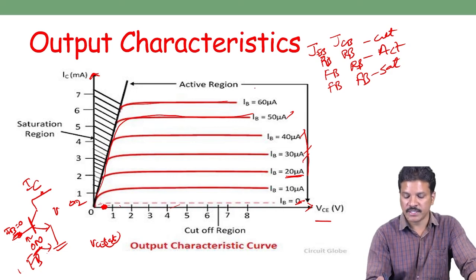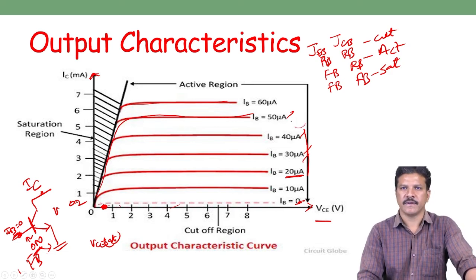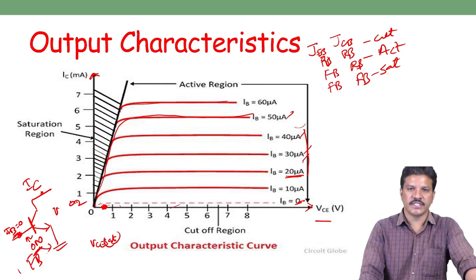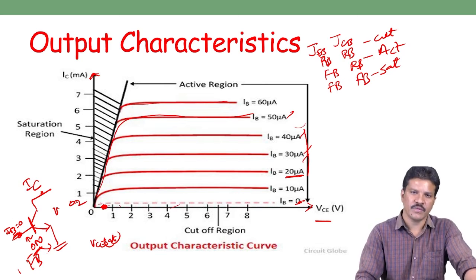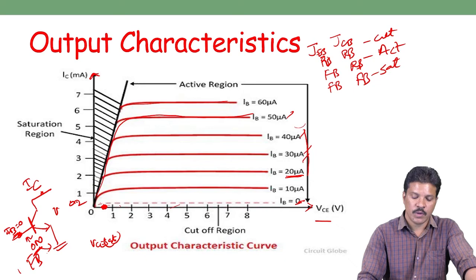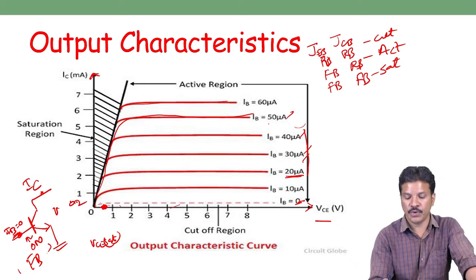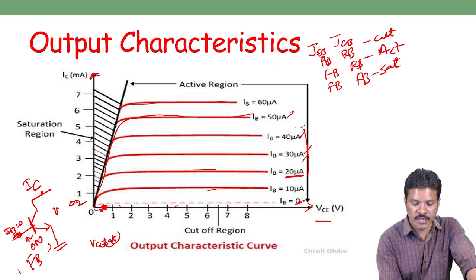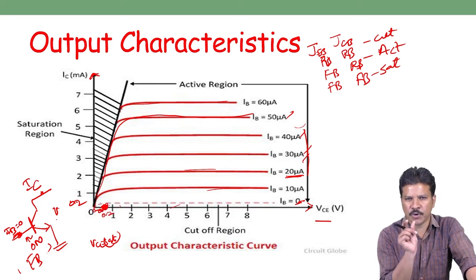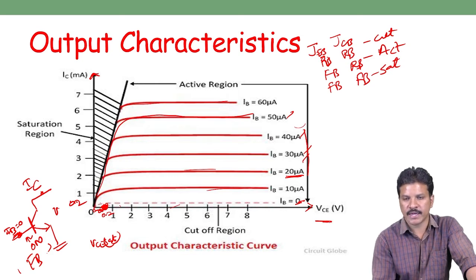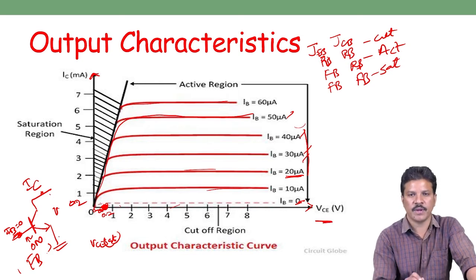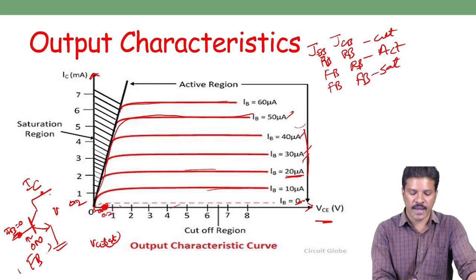Now this region is called the active region. Now we will see the saturation region. What is the saturation region? Whenever the input junction is forward biased, all the red colored regions, IB greater than 0, and this small region from 0 to 0.2 is the VCE SAT point. For this 0 to 0.2, the collector to emitter junction is forward bias.